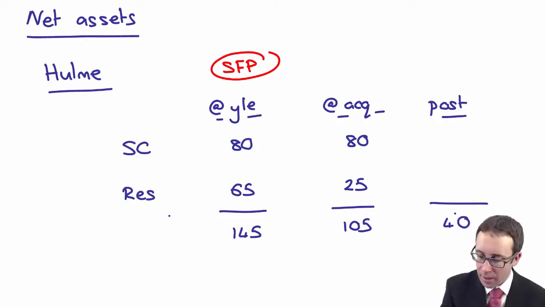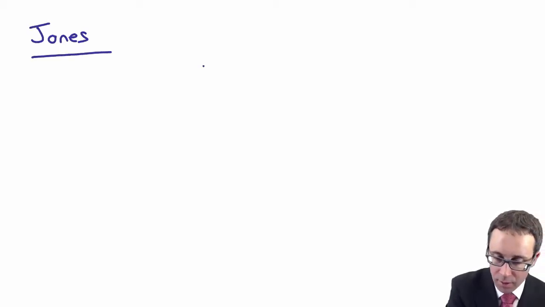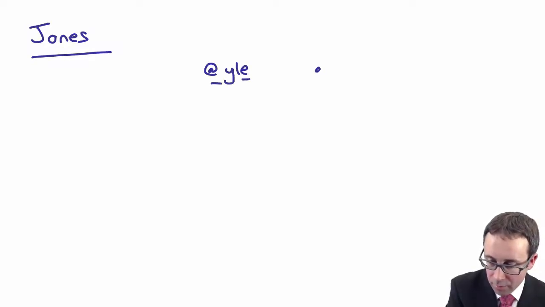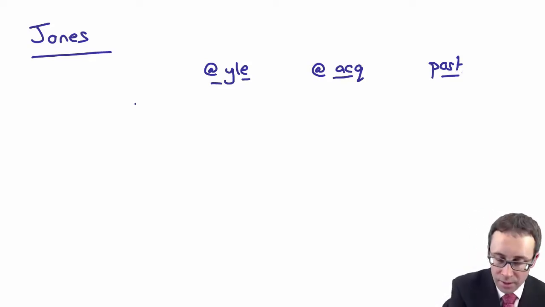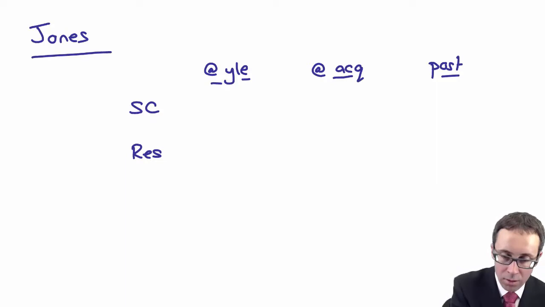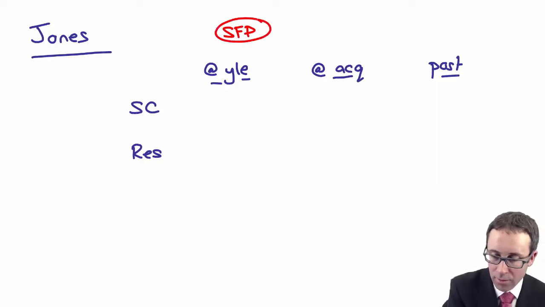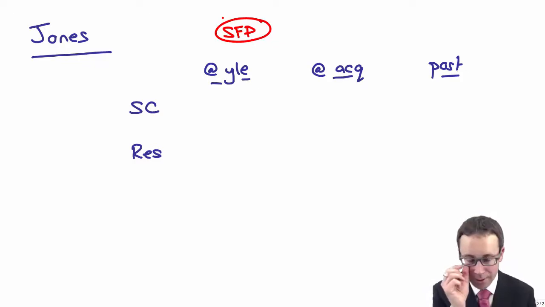Excellent. If we then go through and look at Jones, we look at the year end, we look at acquisition and post acquisition. Again, share capital, reserves, and the figure comes from the SFP, doesn't it?